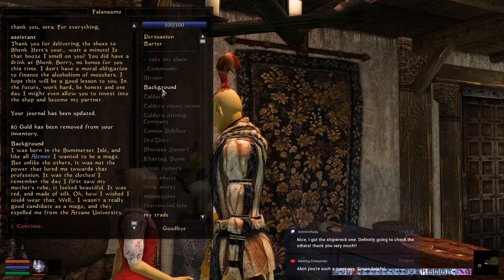And so far the quests we had from him are not really much better than the one we tried in the old Pelagiad mod. So let's see what happens.